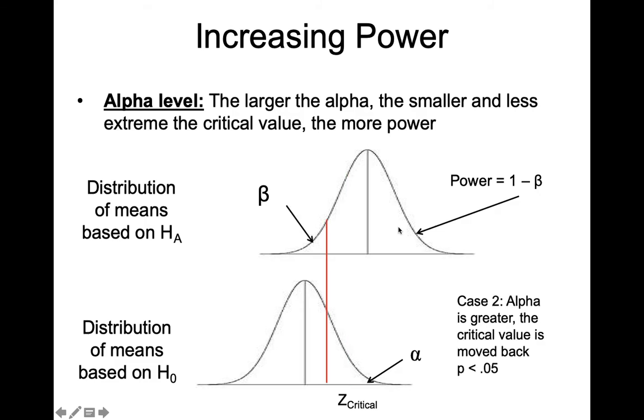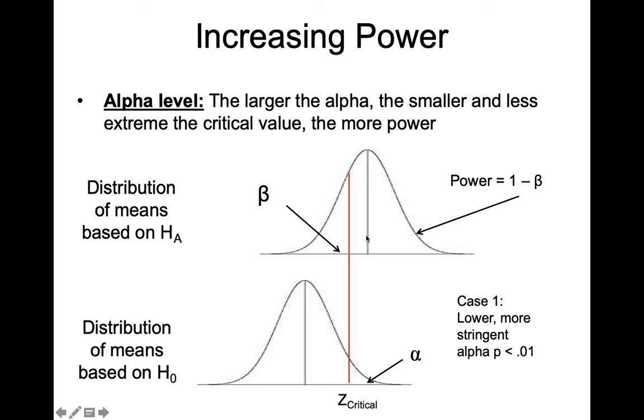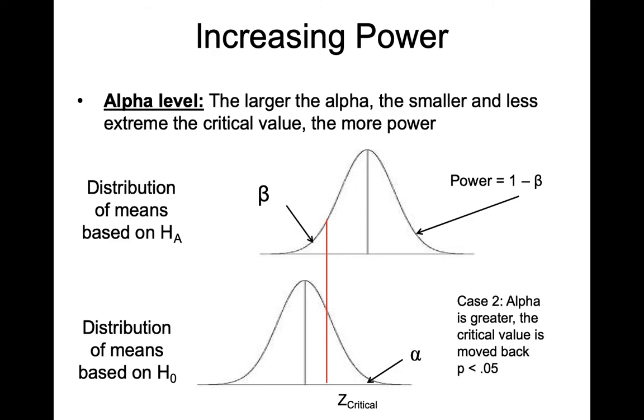But let's move our alpha back to our regular level, 0.05. That critical region gets bigger, which means there are more means that we could possibly sample from the distribution, based on our research hypothesis, that would cross that threshold. So here's a stringent alpha, a less stringent alpha.